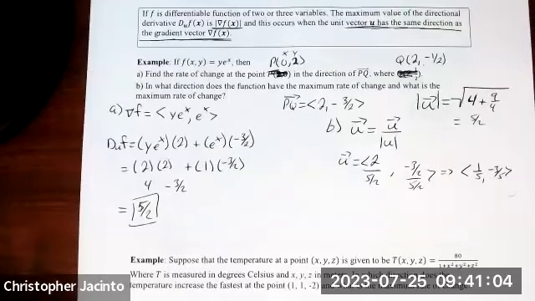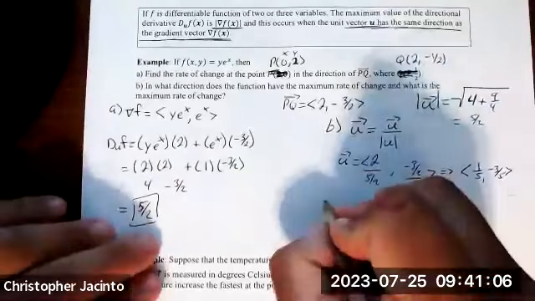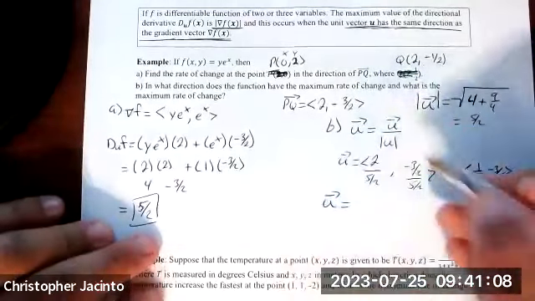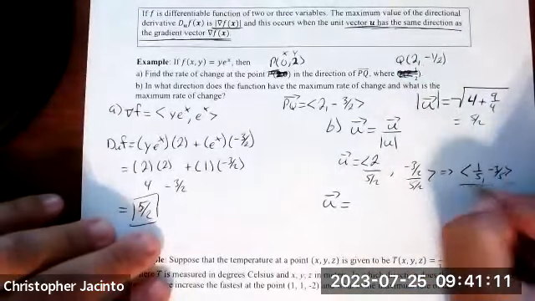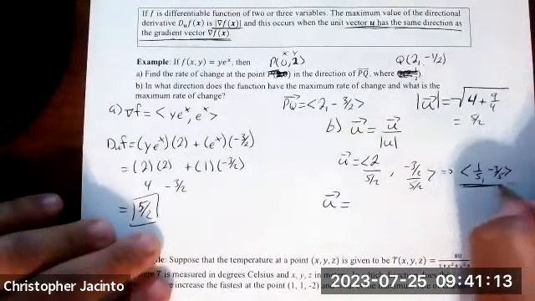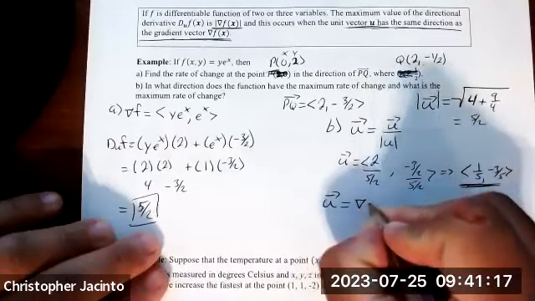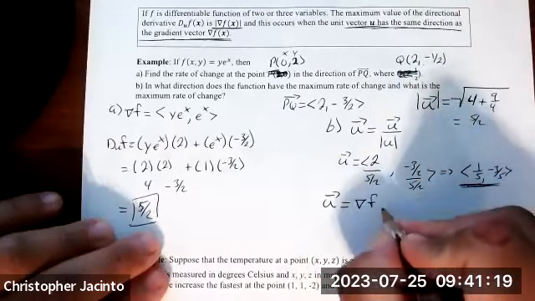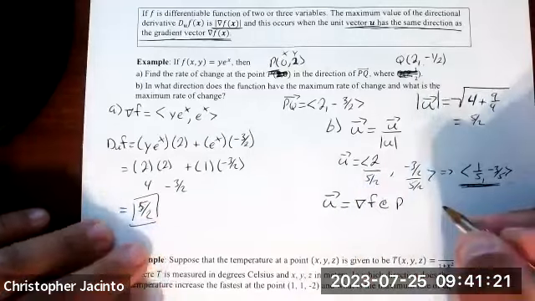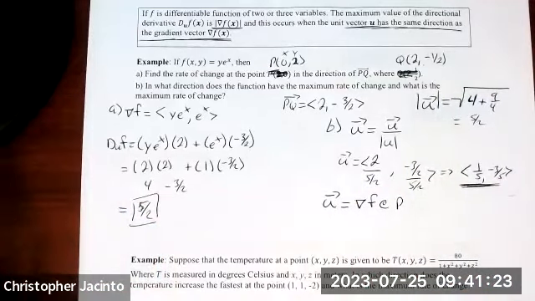Okay, so what does that really mean? This is saying that this unit vector, the unit vector we got from this point, in general has to be in the same direction as the gradient at the point P. Okay.